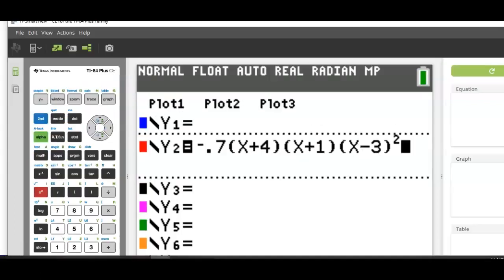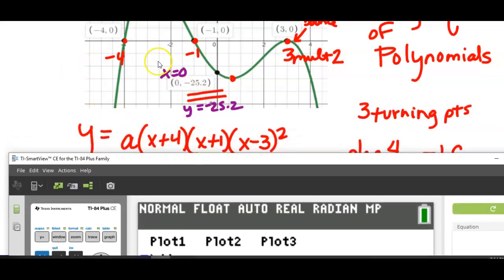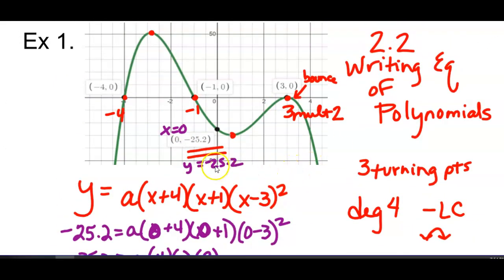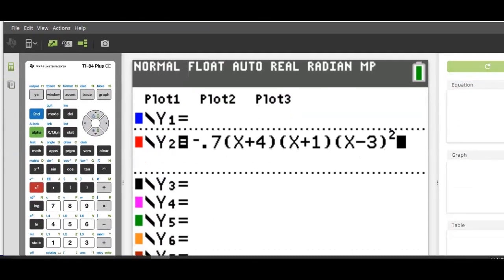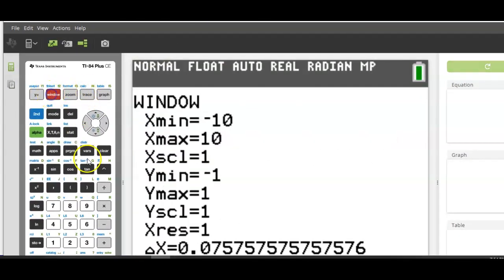So if we set the window, we want the window to look as much like this as it did as possible. So theirs went from negative 50 to 50 for y, and like negative 5 to 5 for x. Struggling with this calculator today, guys.